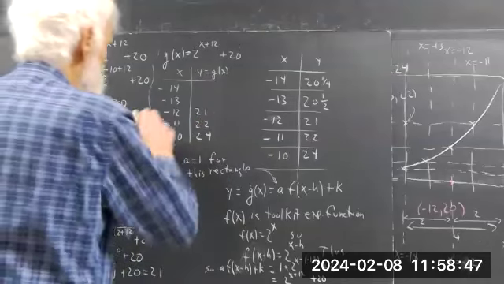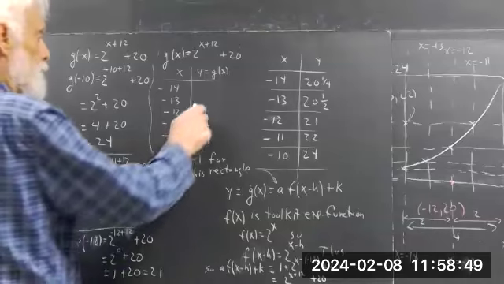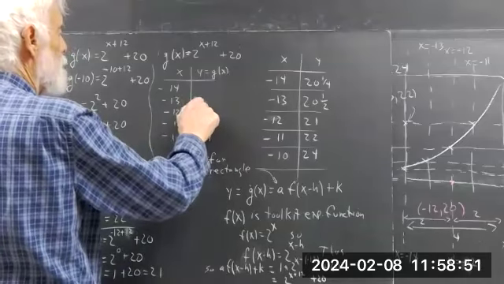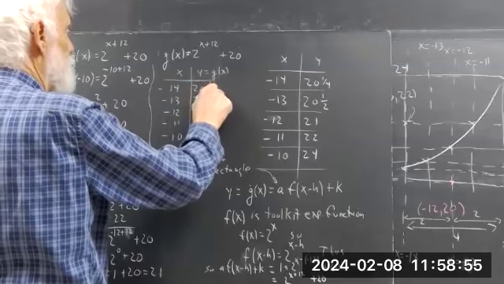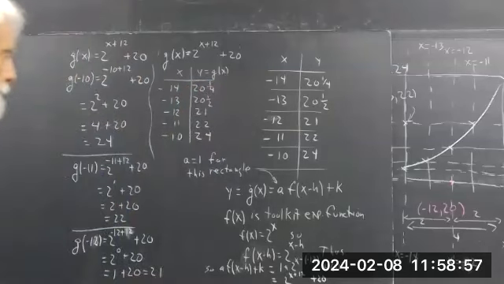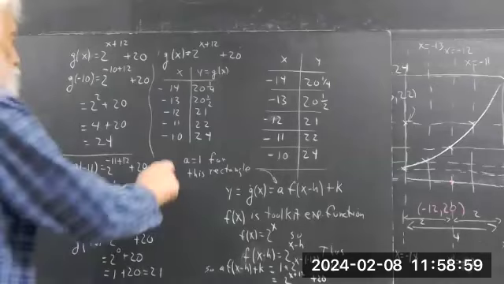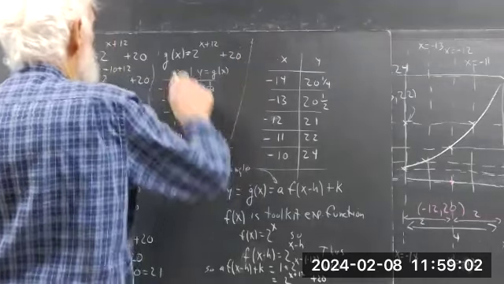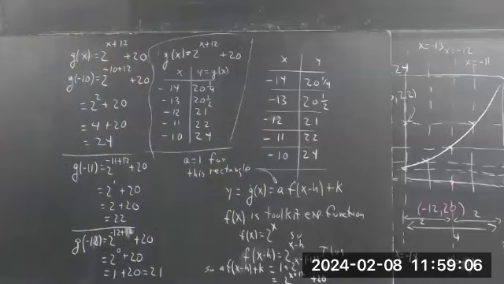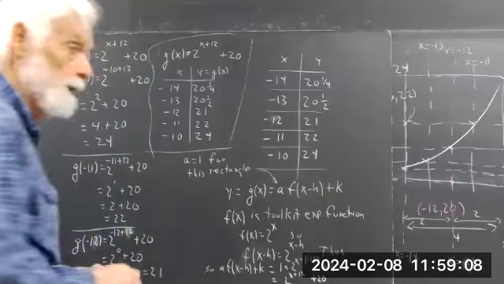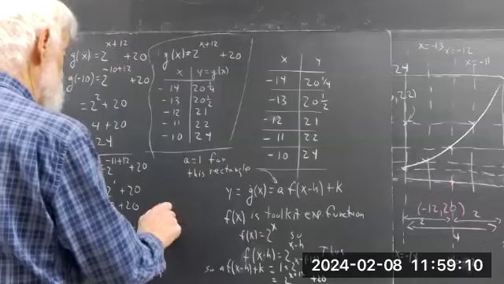Okay, now 2 to the -13 is going to be 20 and a half. 2 to the -14 is going to be 20 and a quarter. Make sure you know how to do negative exponents. The rule for negative exponents I'll write down here. Do not forget this, you're going to need it.